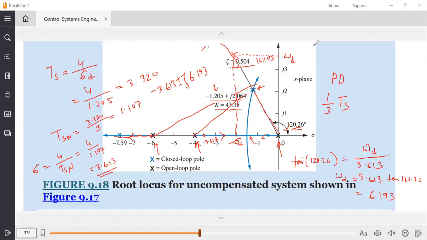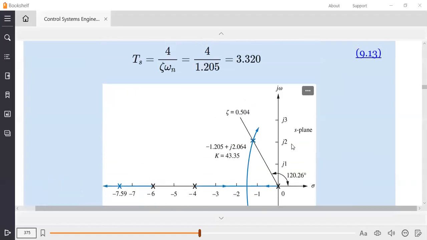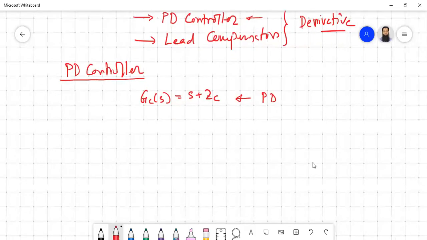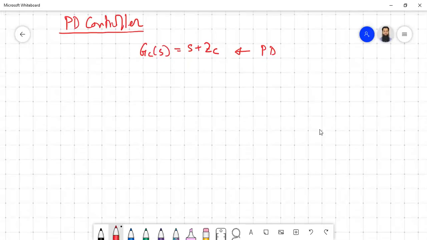What we have figured out so far is that for the new system, our point has to be at minus 3.613 plus or minus j 6.193.